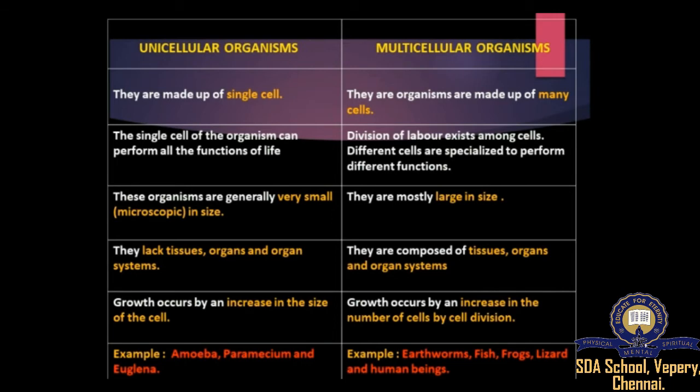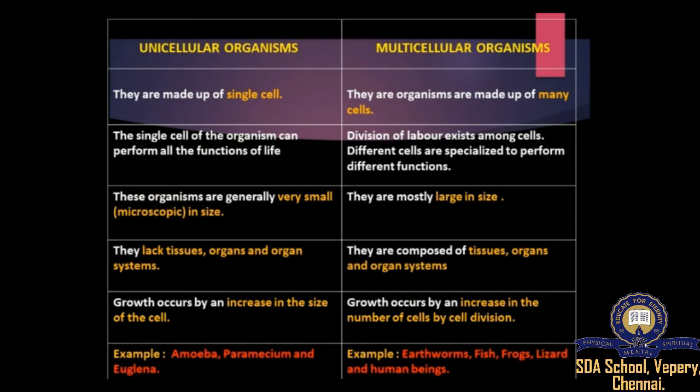Okay, so unicellular organisms are generally very small and microscopic in size, whereas the multicellular organisms are mostly larger in size, and the unicellular organism lacks tissues, organs, and organ systems, whereas the multicellular organisms are composed of tissues, organs, and organ systems.